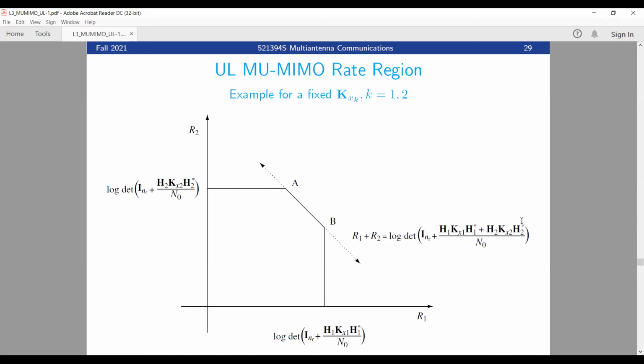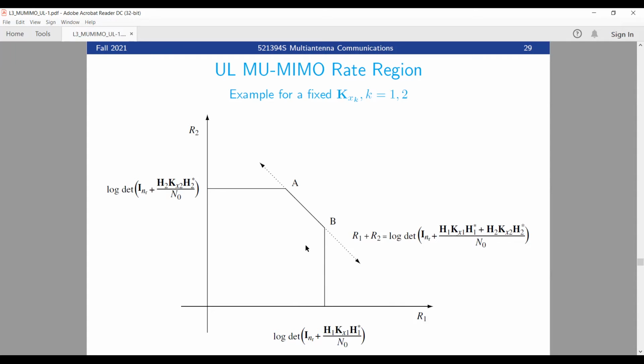Let's start from the single user bound for user 1. The rate of user 1 is upper bounded by this log form. So all the rate points smaller or equal to this value are feasible, right? If you go beyond, it's infeasible, there's outage, or it cannot be decoded with zero error.